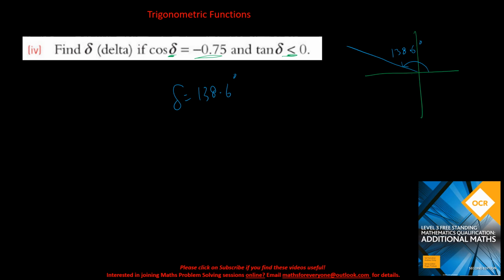So that's the answer. Yeah, so previous to that you can write delta is cos inverse of minus 0.75. Okay, so then delta is 138.6, and that's your answer.